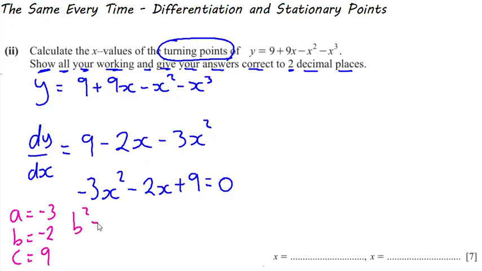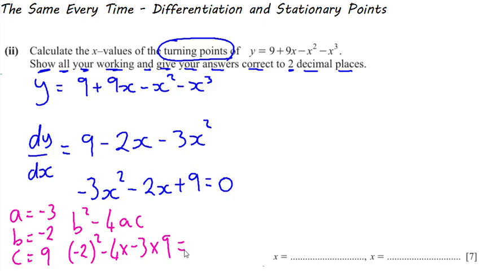Then I work out b squared minus 4ac. So be careful here, that's negative 2 in brackets squared minus 4 times negative 3 times 9. And they do want us to use a calculator here, otherwise they wouldn't have said 2 decimal places.